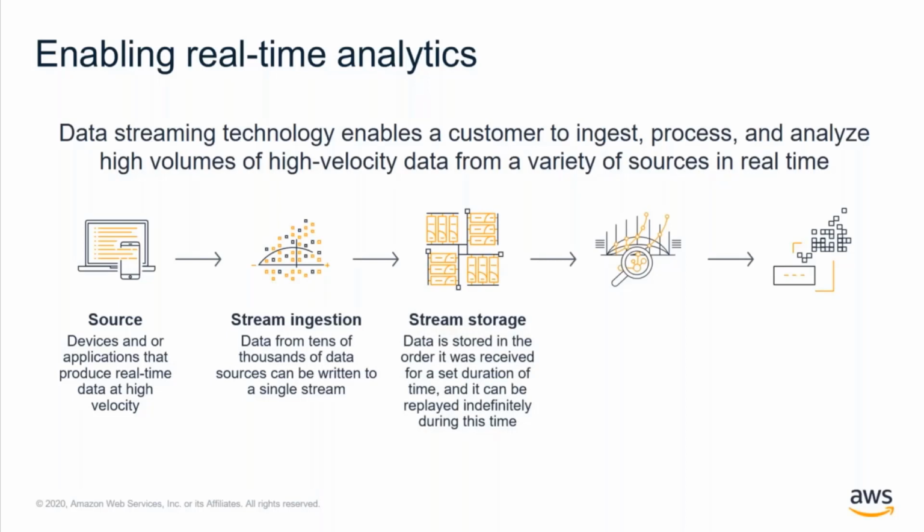When you store the data, you want to ensure high durability and high availability, so that you're not losing any data. Once you store the data, the next step is to process the data in real time. So you're collecting these smaller records, applying logic and processing on the data that has been stored in the storage layer, and then driving real-time insights.